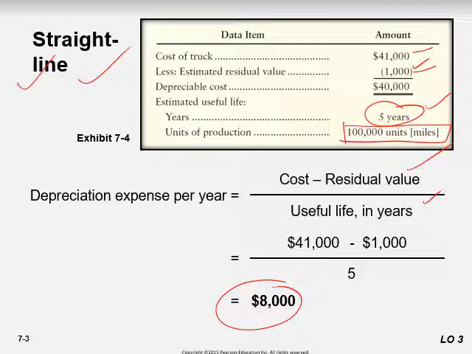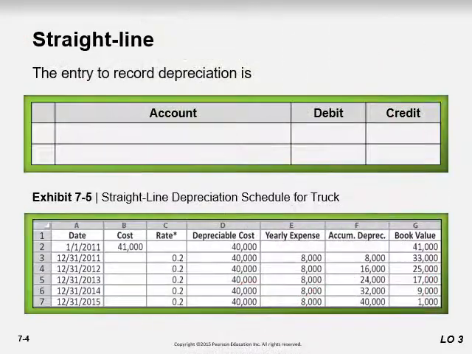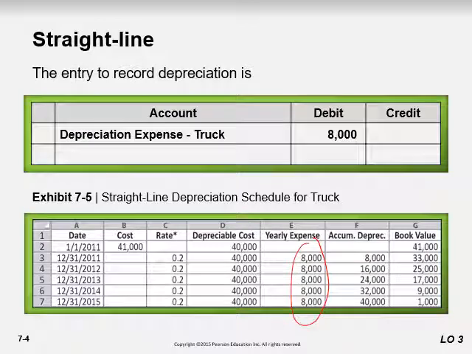So every year we're going to record 8,000 in our income statement as depreciation expense, and the method we're using is the straight line method. The entry would be simple: depreciation expense to accumulated depreciation.